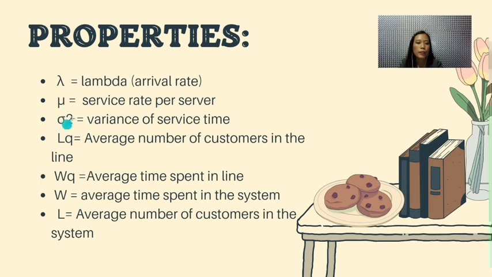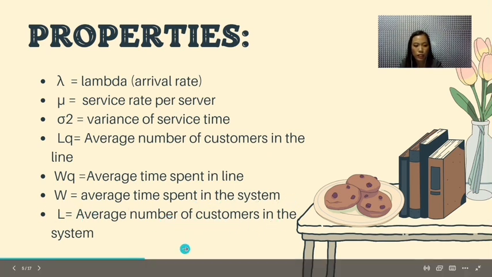Sigma squared is the variance of the service time. Lq represents the average number of customers in the line. Wq is the average time spent in line. W is the average time spent in the system. And L is the average number of customers in the system.